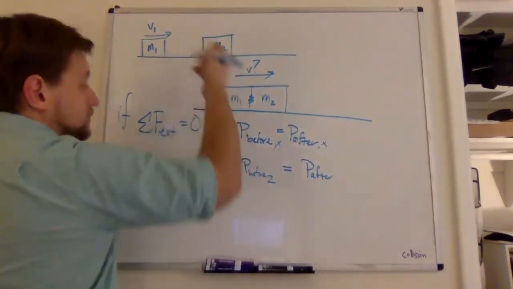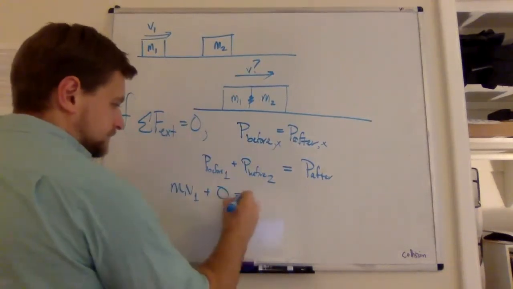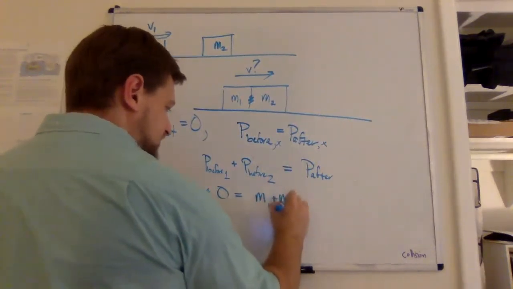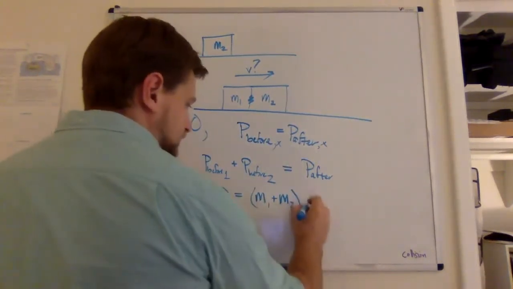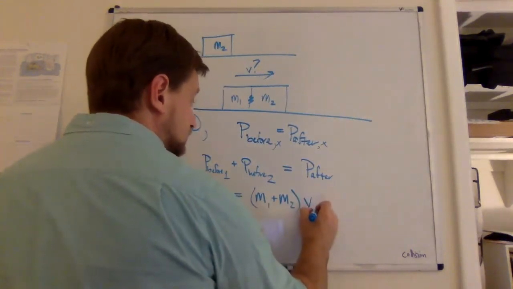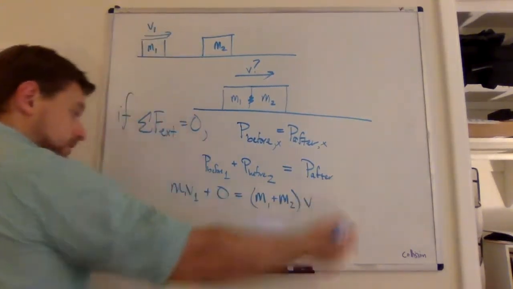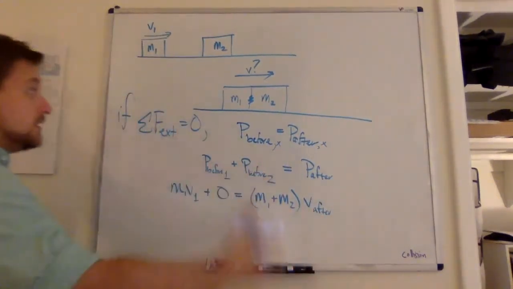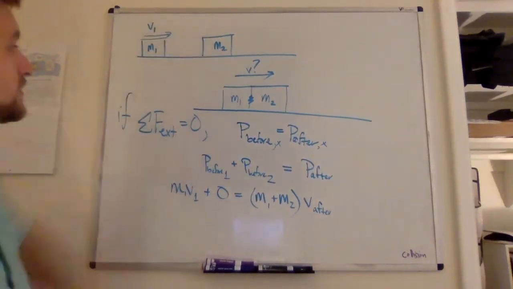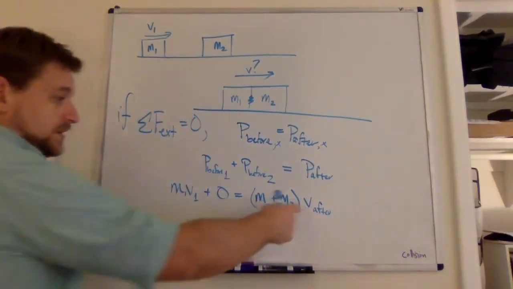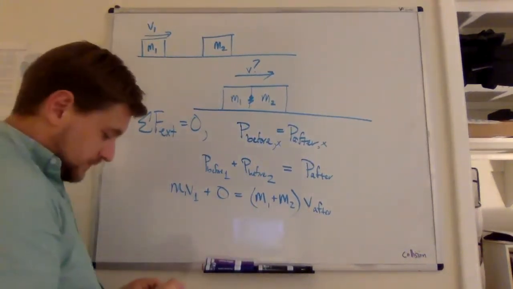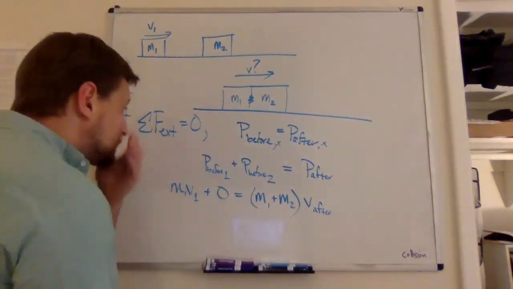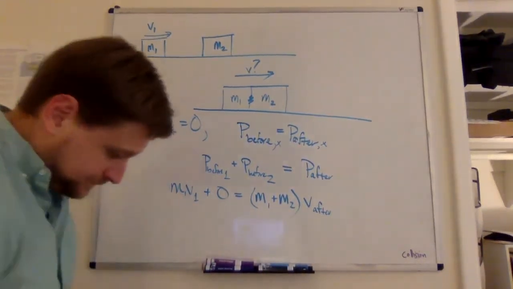Before the collision, m2 is moving not at all. After, they are moving as 1 mass with some new velocity. I'll just say v after. And as long as we know the 3 pieces of information we start with, we can solve for v after. Cool.